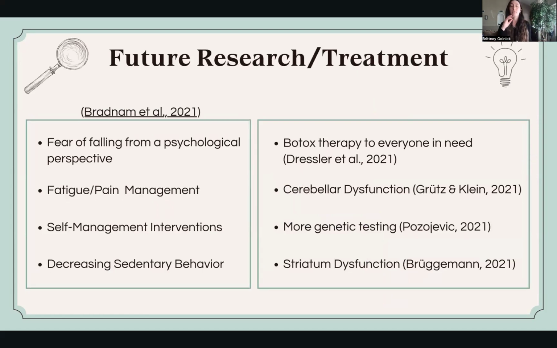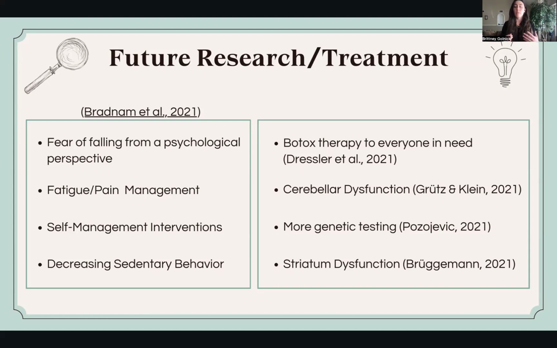It was pretty hard to figure out what to put on the slide because there is so much new research coming out for dystonia and so much treatment that they are thinking of doing, whether that's the management of pain and fatigue and rehabilitation or the increase in genetic testing to catch these diseases early, whether we're figuring out, is it more of cerebral dysfunction? Is it more the striatum dysfunction, which is a part of the basal ganglia?